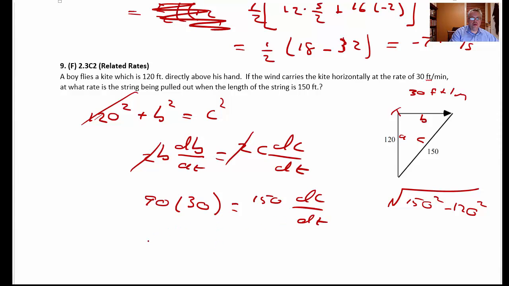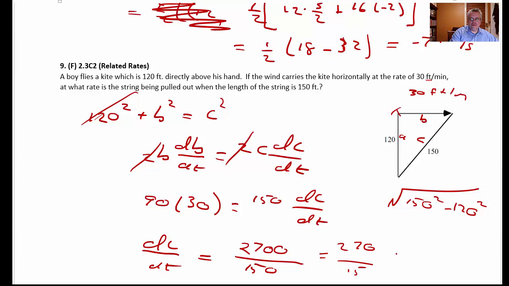Okay, so if we divide by 150, this is what we get. dC/dt equals 90 times 30 is 2700 over 150. Okay, I have a great feeling that reduces. So let me see, without a calculator here, that's 270 over 15. If we divide by 3, that's 90 over 5, which is, hey, 18.